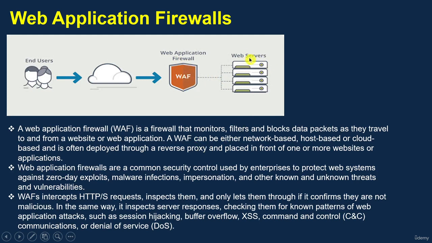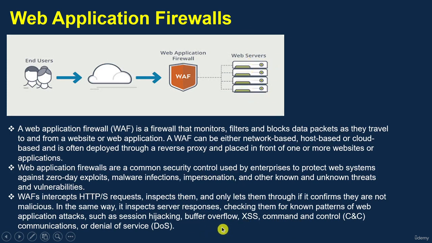You can see these are the web servers, and the WAF can be used to protect them from unknown types of zero-day exploits, malware infections, and so on. These are the known and unknown types of vulnerabilities at the application level. So the web application firewall is a common security tool used to secure your web applications and web servers.